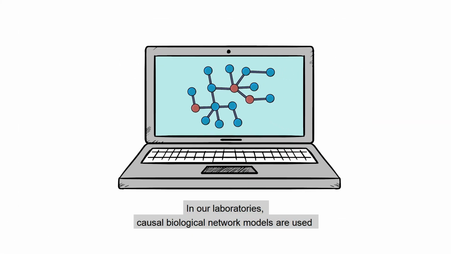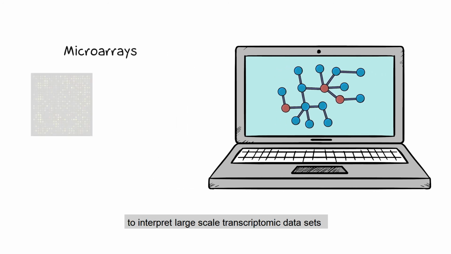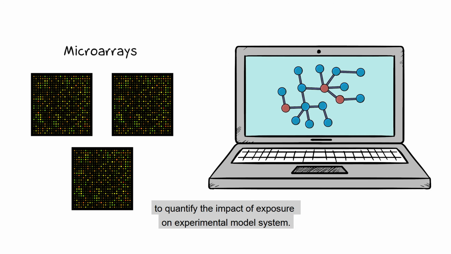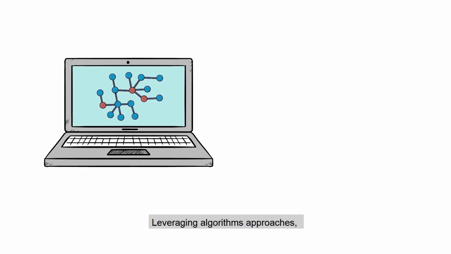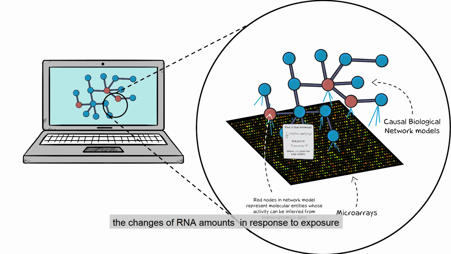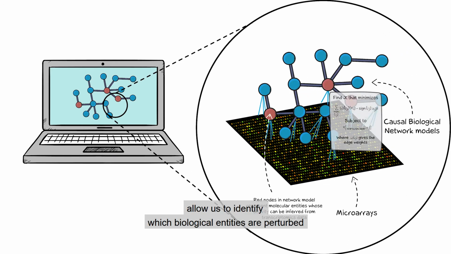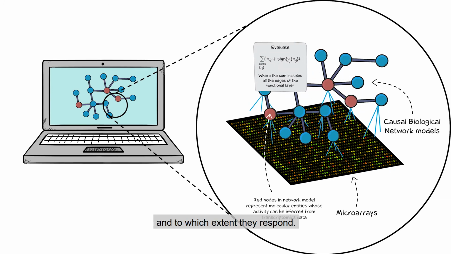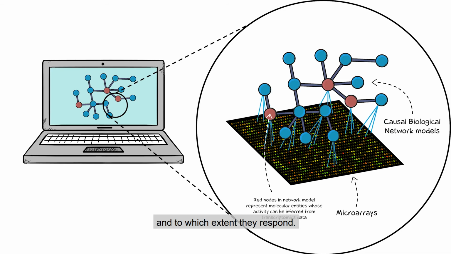In our laboratories, causal biological network models are used to interpret large-scale transcriptomic datasets obtained by microarrays or RNA sequencing to quantify the impact of exposure on an experimental model system. Leveraging algorithmic approaches, the changes of RNA amounts in response to exposure allow us to identify which biological entities are perturbed and to which extent they respond.